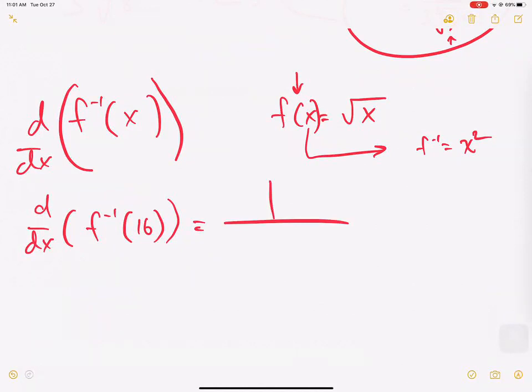If 16 is my answer, what answer led to 16? It's 256. So here's our x and y. If 16 is our x, our y is x squared. So this would be 256.